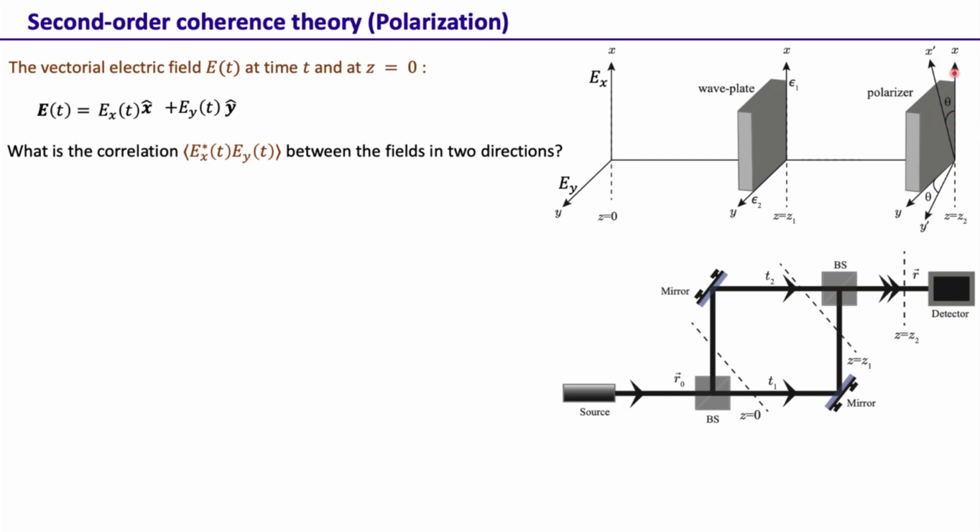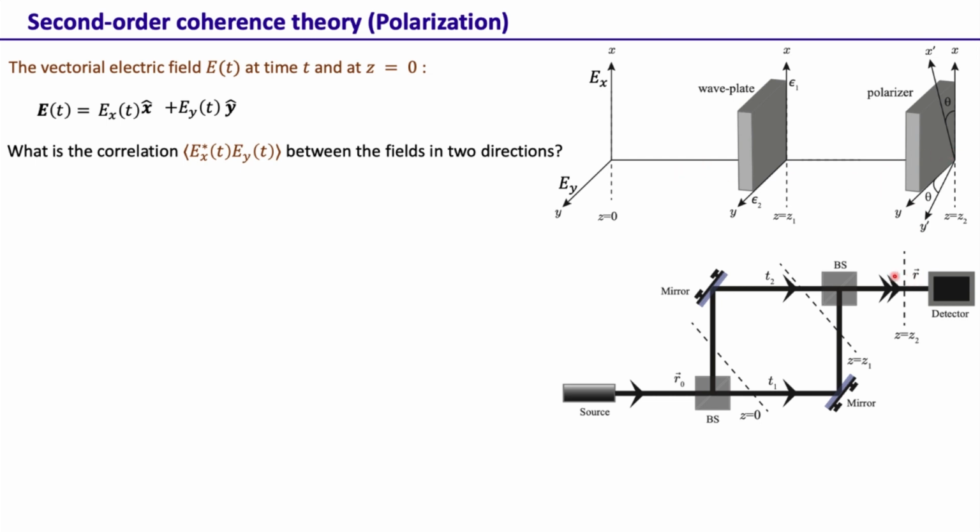If a field is polarized along, let's say, x, then there is a component of the field that can actually pass through. But if the field is polarized at 90 degrees to this x prime, for example y prime, then it won't be able to go through.